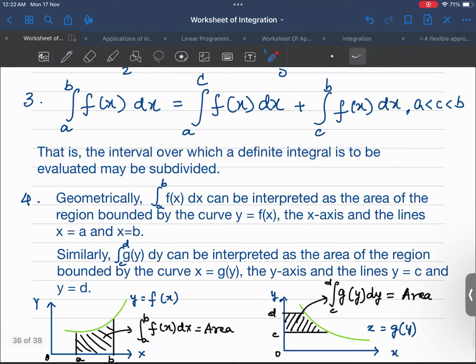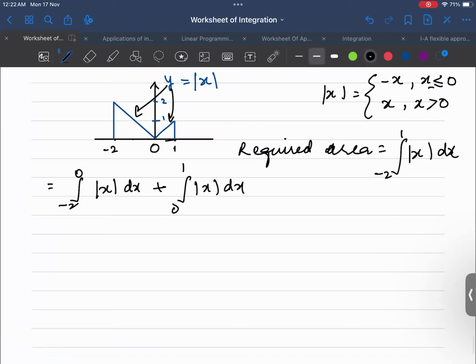Here, what I have done is, it was -2 to 1, so I made it from -2 to 0 and then 0 to 1. It becomes -2 to 1 if we add. For -2 to 0, this would be -x. Why is it -x?